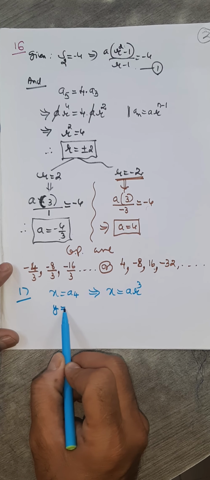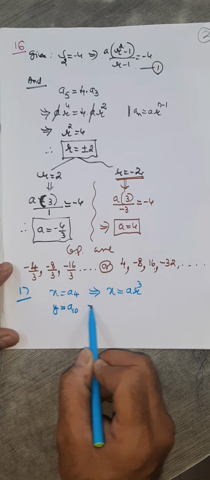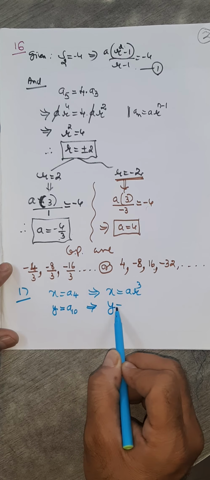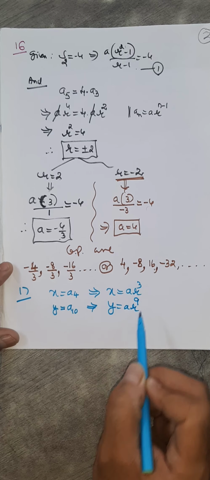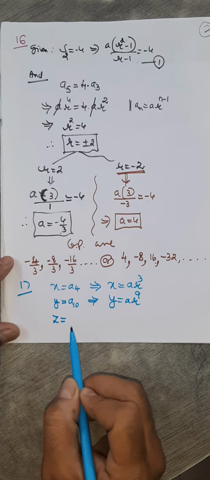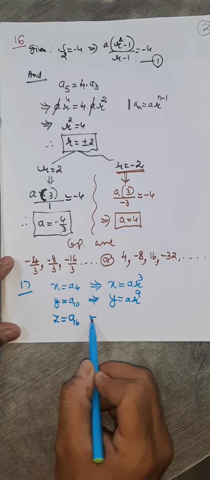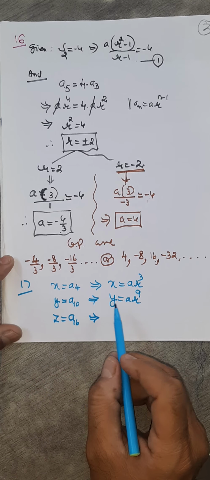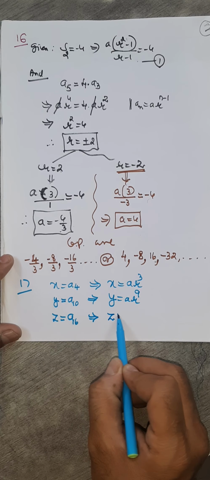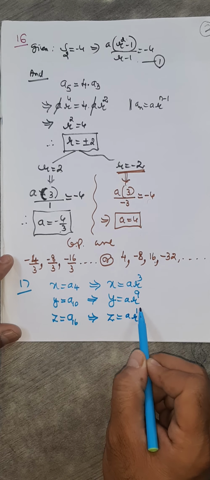What is small y? That is the 10th term, A10, so y equals a into r raised to 9. And small z is the 16th term, A16, so z equals a into r raised to 15.